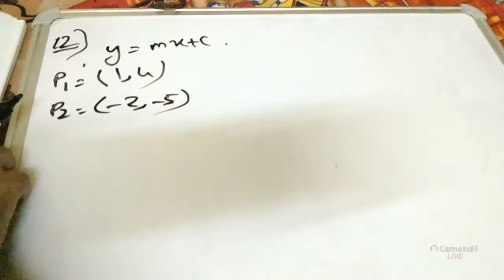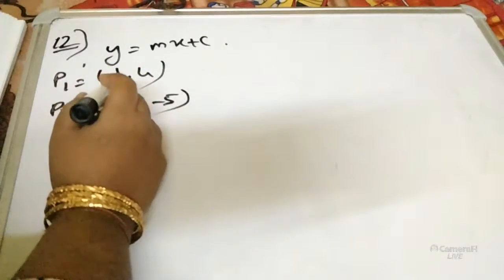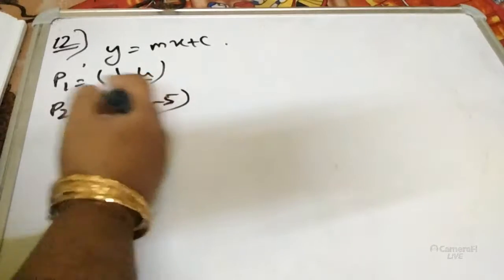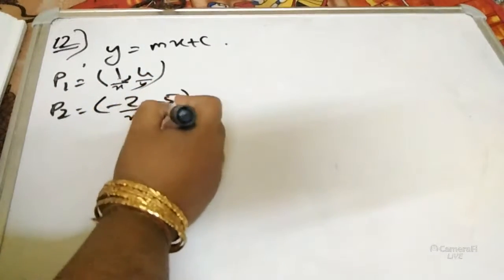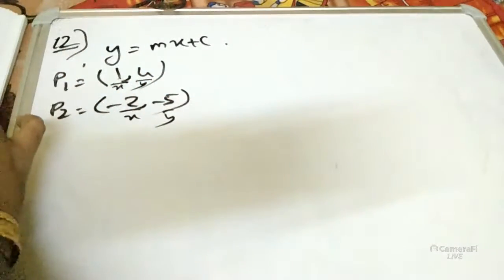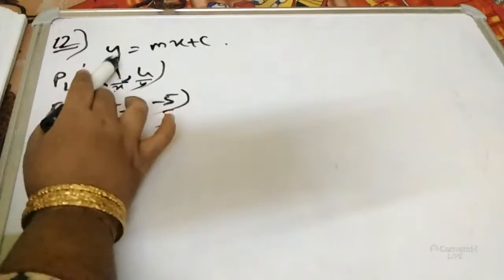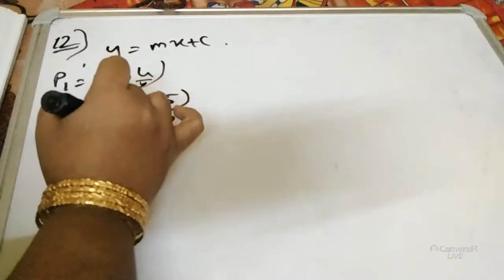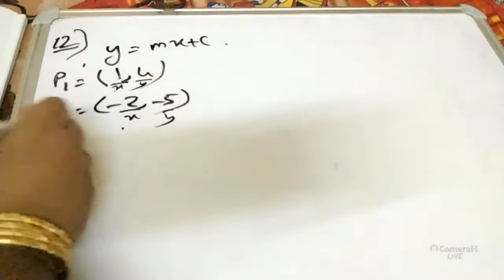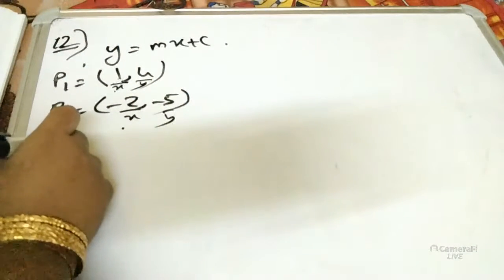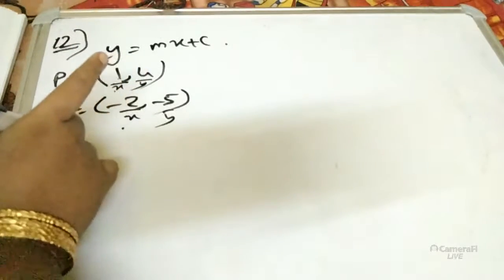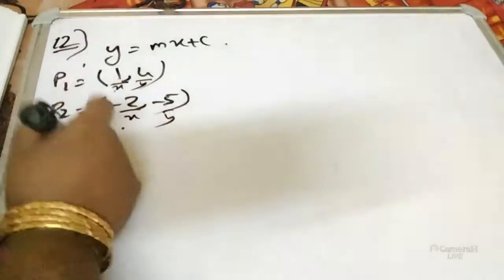So what we will do is, in point 1 this is x, this is y, and in point 2 this is x, this is y. Now first we will put the value of p1 in x and y, and then we will put the value of p2 in x and y. Now we will get two equations. We have to solve them simultaneously and get the value of m and c.